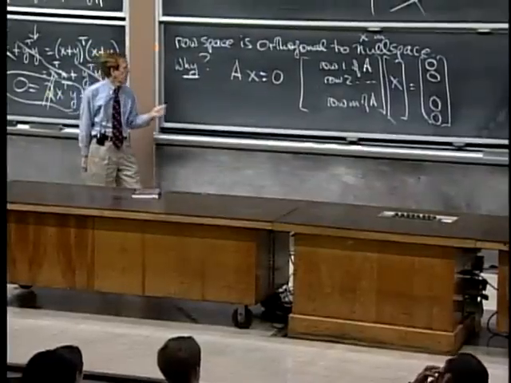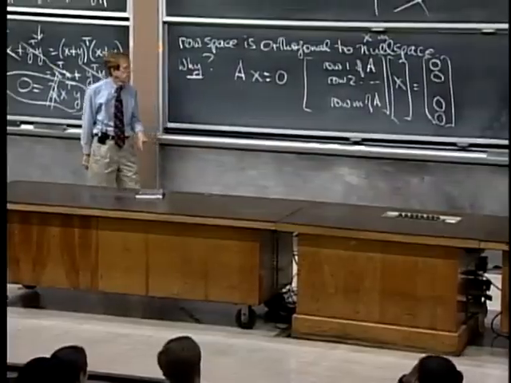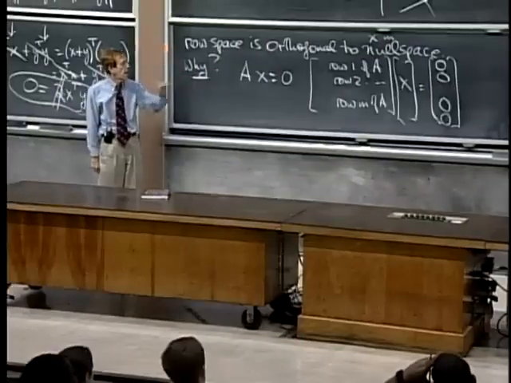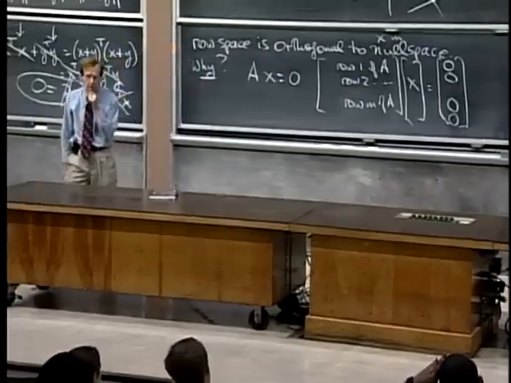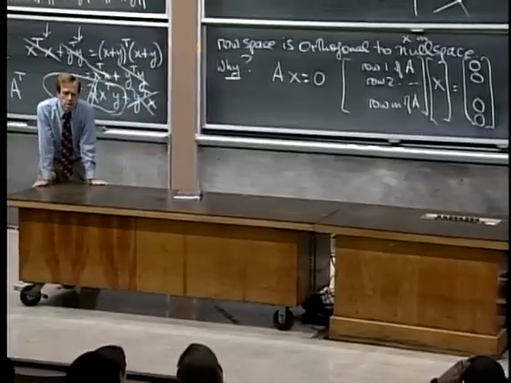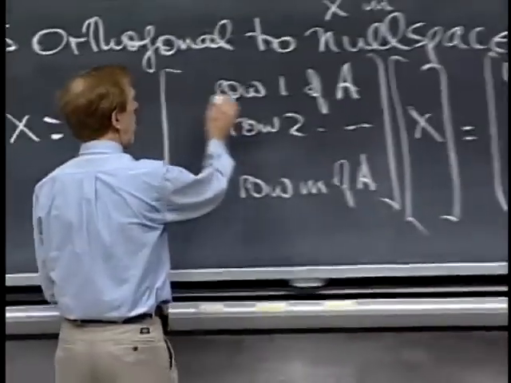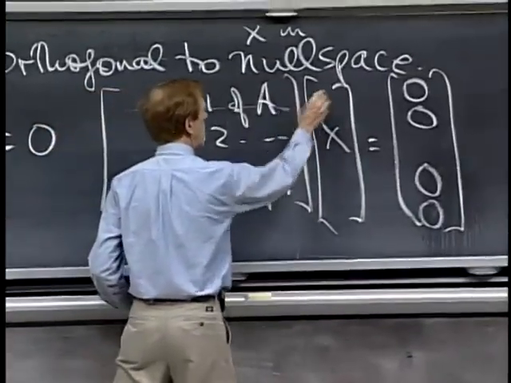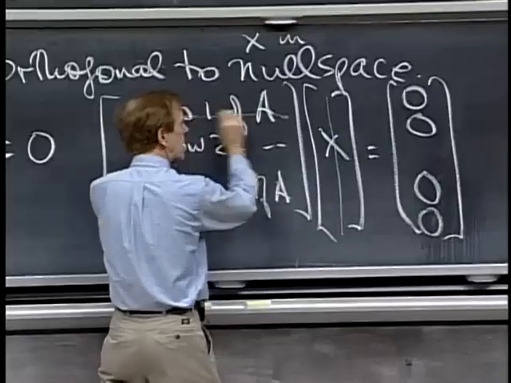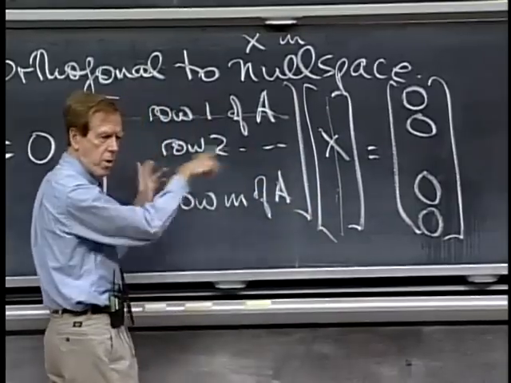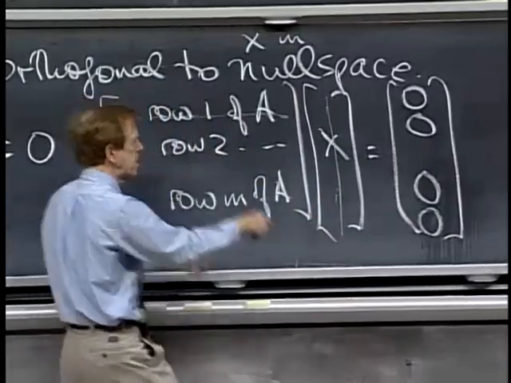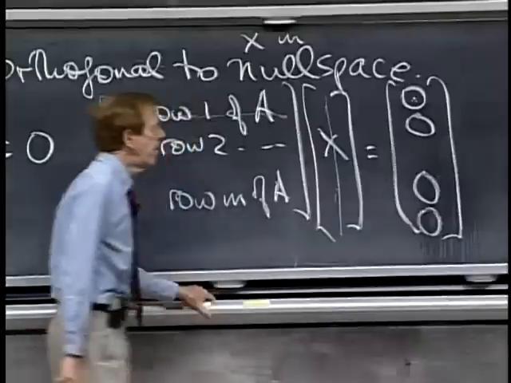So I'm saying that a vector in the row space is perpendicular to this guy x in the null space. And do you see why? Because this equation is telling you that row 1 of A, that's a dot product, right? Row 1 of A dot product with this x is producing this 0.